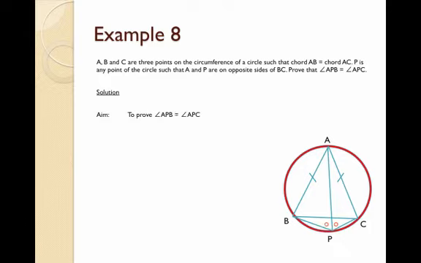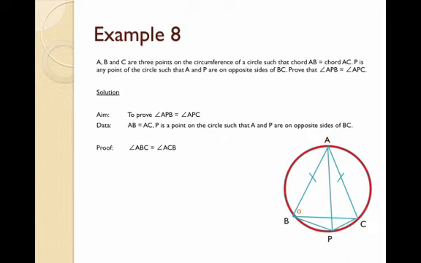The question says to prove, so we start our answer with the aim of proving that angle APB is equal to angle APC. We know that AB equals AC, and P is any point on the circle such that A and P are on opposite sides of BC. Our proof now says that angle ABC equals angle ACB because base angles of an isosceles triangle are equal.